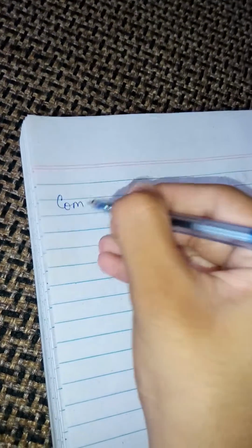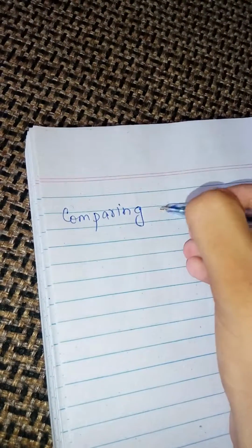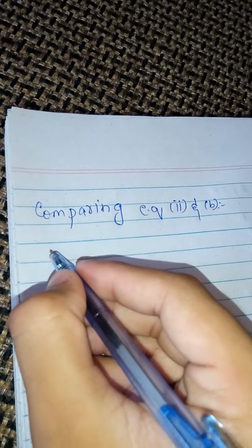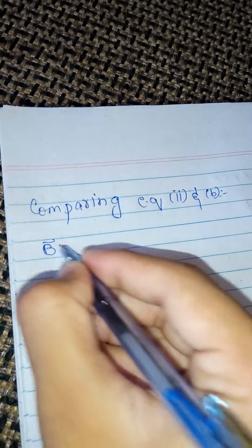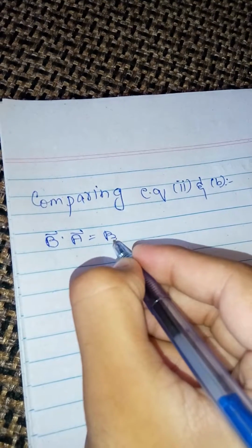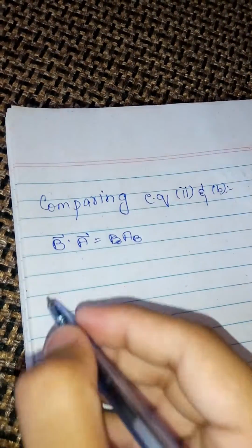Now comparing equation number 2 and b, we get b dot a equals b times a_b.